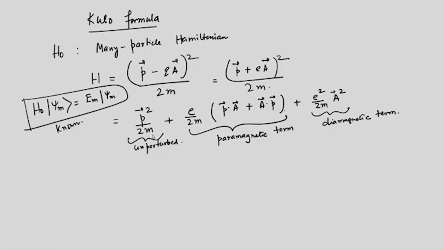So, this unperturbed term, which is part of the many particle Hamiltonian, is known. Even if you add interparticle interaction, the assumption is that the problem is completely solved, and we have to only look at the effect of the paramagnetic term.